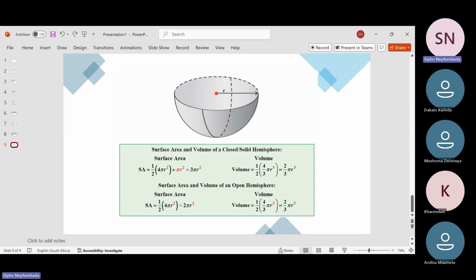The method and formulas for calculating the surface area and the volume of a pyramid do not change for the different types of pyramid. Are we good? I will then write those formulas for you.